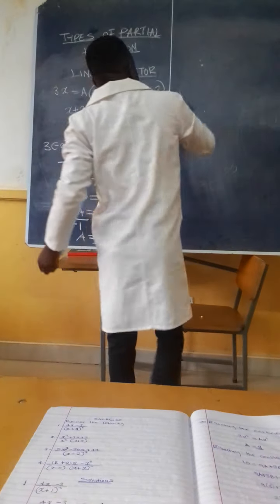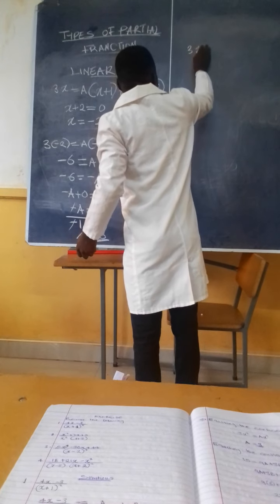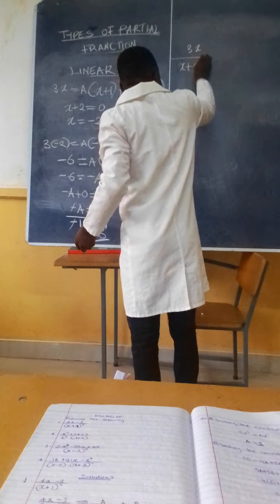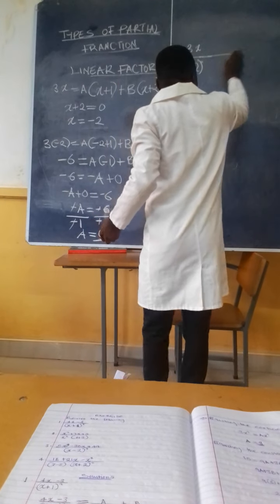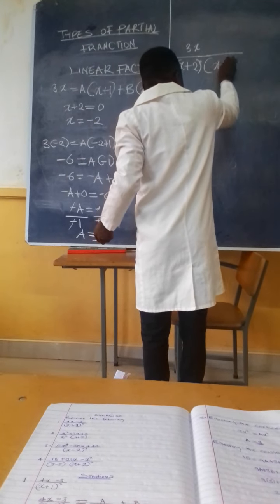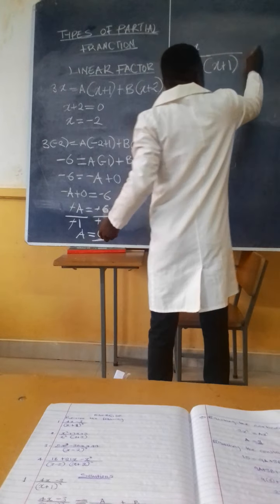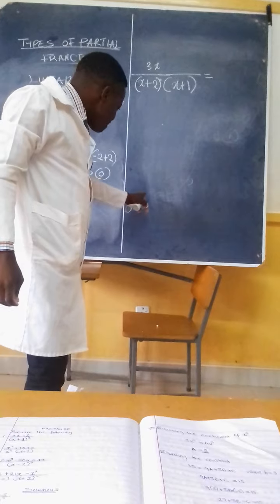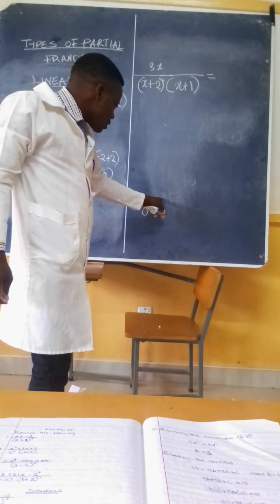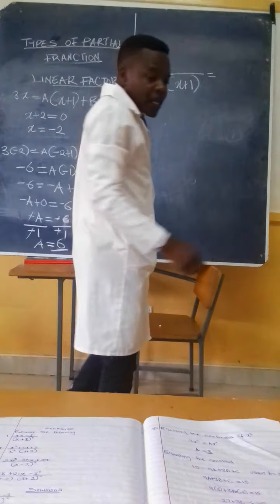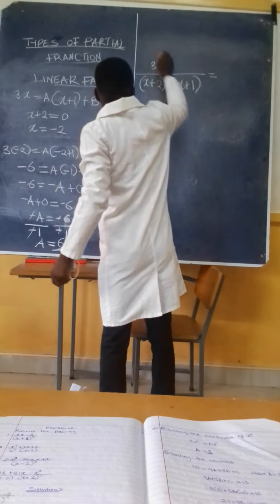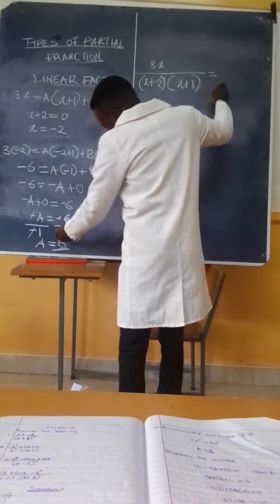We should also write 3x over open bracket x plus 2, close bracket, open bracket x plus 1, close bracket, is equal to. We already found that b is equal to negative 3, when a is equal to 6.